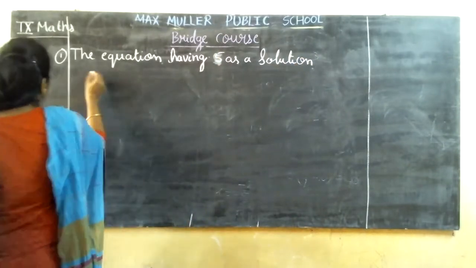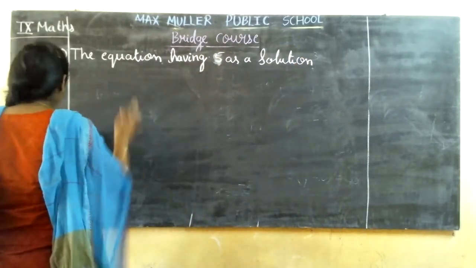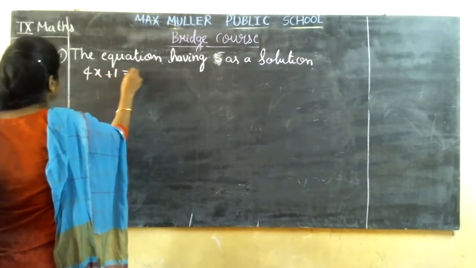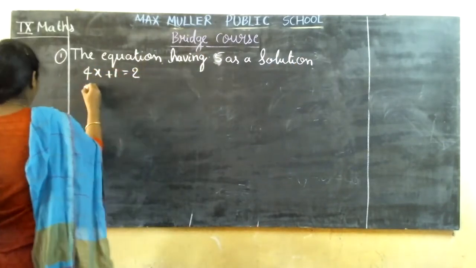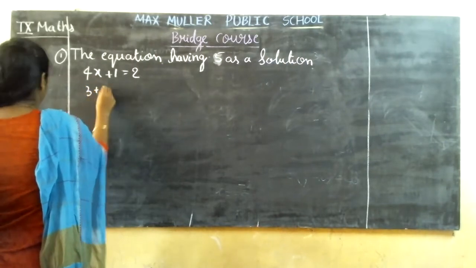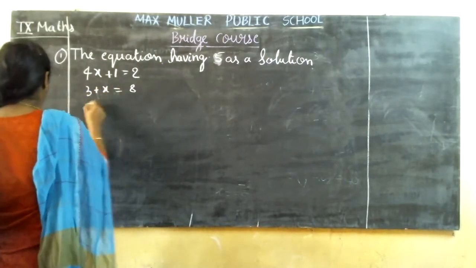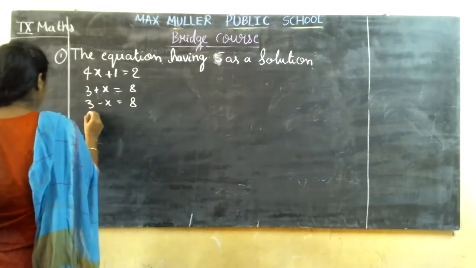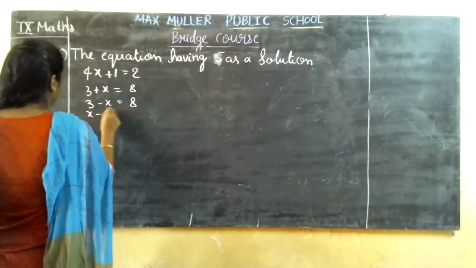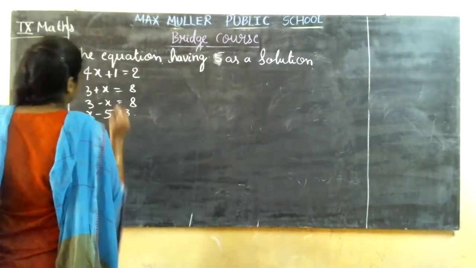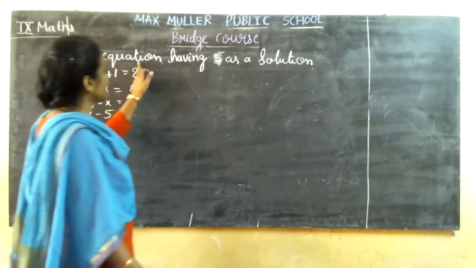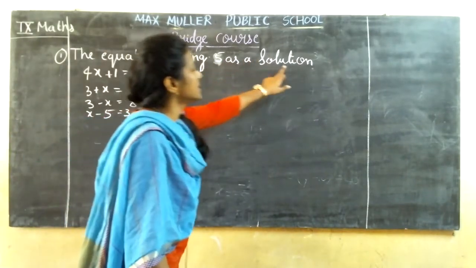I'm going to give you 4 equations. You have to find from which equation you get the solution as 5. Okay, this is your problem. Very simple. You just need to find where you get a 5 here.